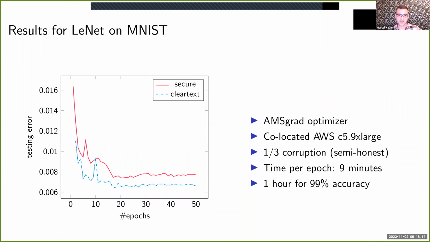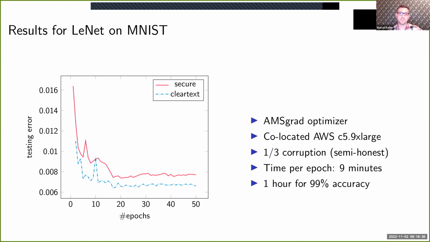Neural network training. There is this famous data set called MNIST, which is handwritten digits, 0 to 9, that you would like to recognize from a 28 by 28 grayscale picture.